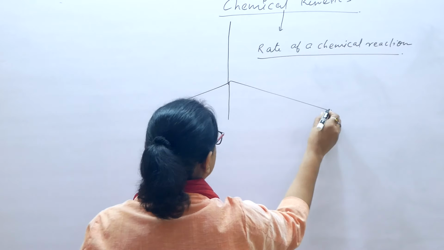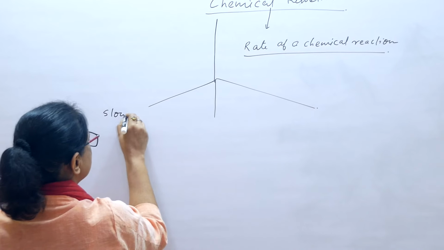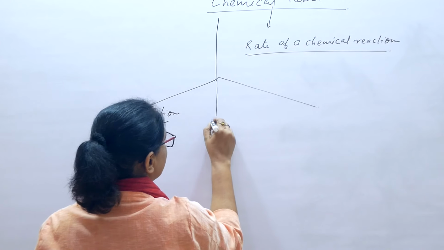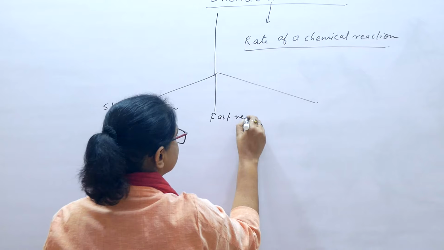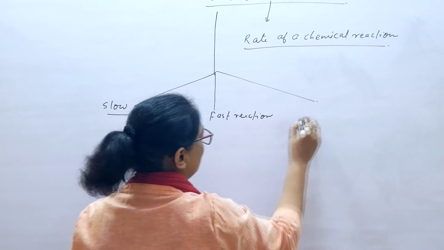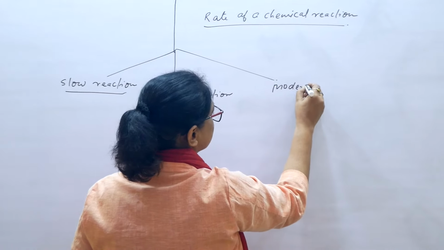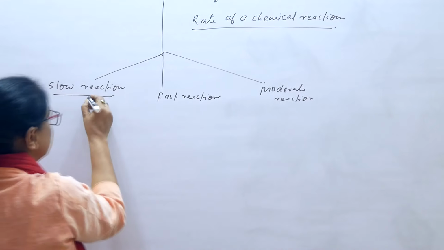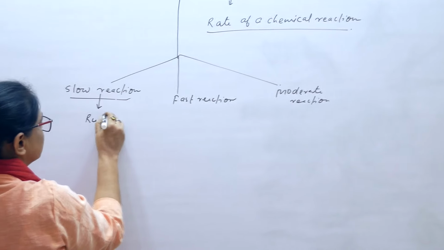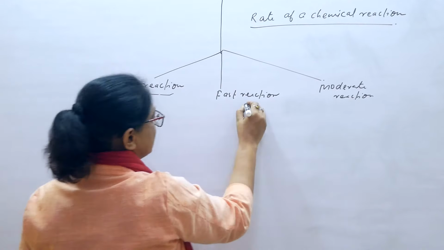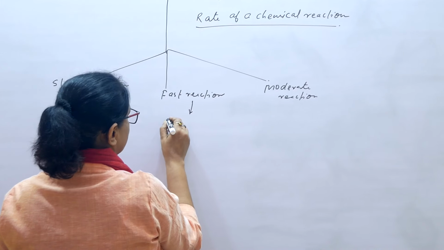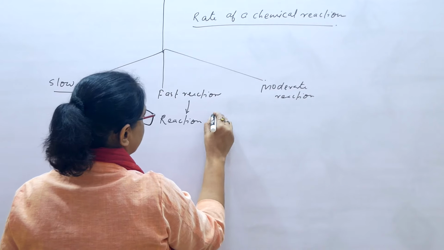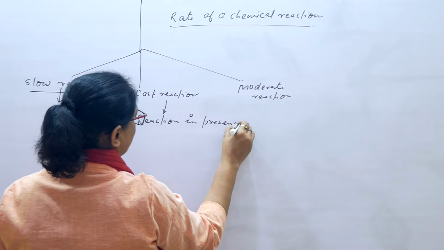That is very, very important. First is the slow reaction, you can say rusting, corrosion. Second is the fast reaction, you can say reaction in presence of sunlight, in presence of electricity.